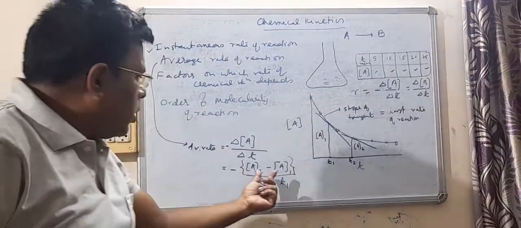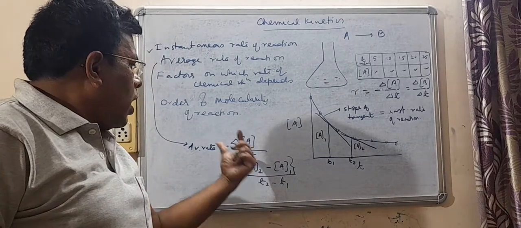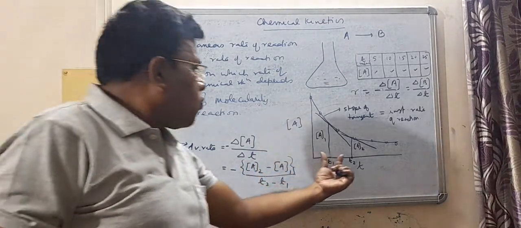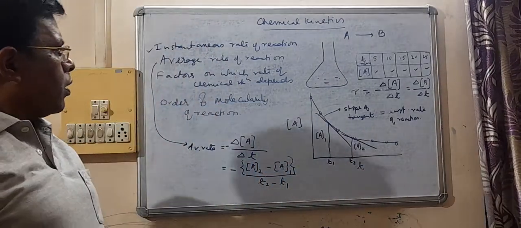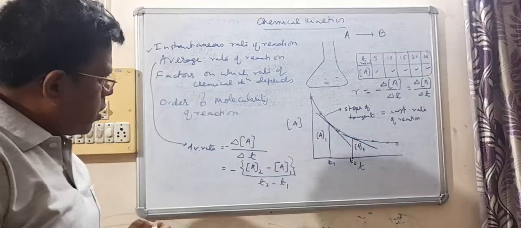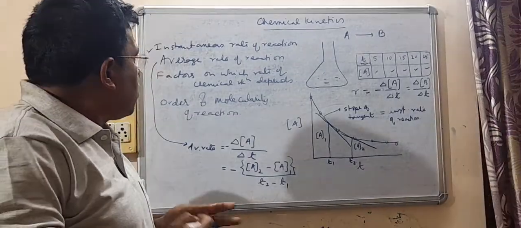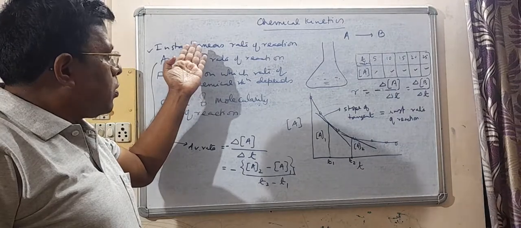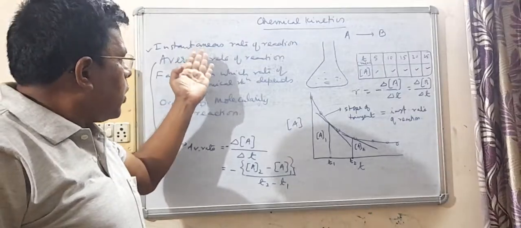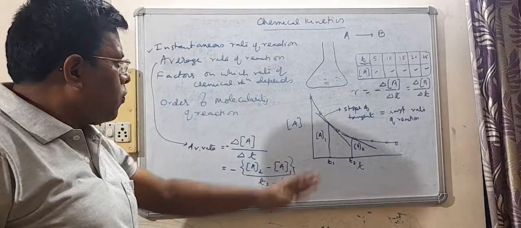So this quantity will give us the average rate of reaction over this time interval. So children, I hope you are clear about the difference between instantaneous rate of reaction and average rate of reaction.